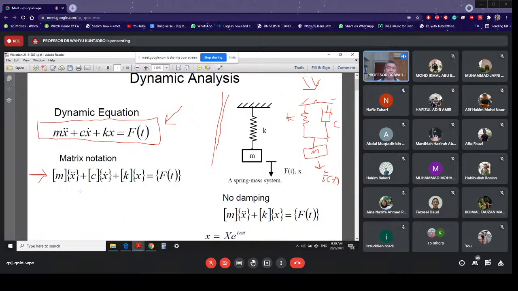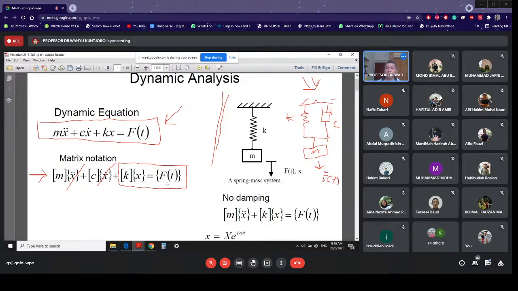Remember, x double dot is acceleration, so this part is zero. There is also no velocity because it is static, so x dot, the velocity, is zero. So you have only this equation, the one I circled with that box there. And of course, this x can be d, then it is k d.